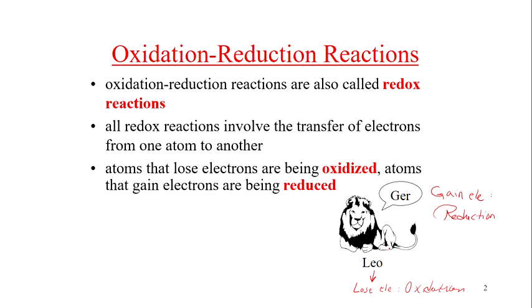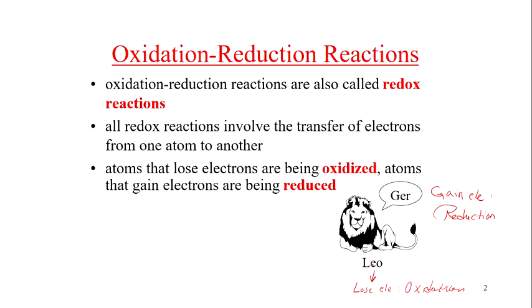As you see here, we are going to have one atom loses electron and one atom gains electron. If these 2 processes happen at the same time, we call that oxidation reduction reaction. Losing electron, we call that oxidation. Gaining electron, we call that reduction.